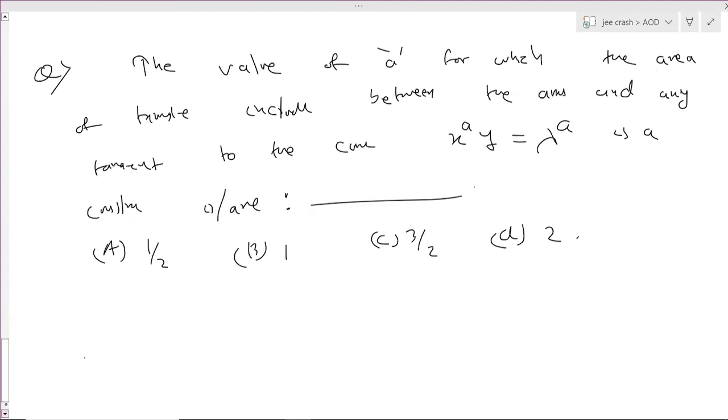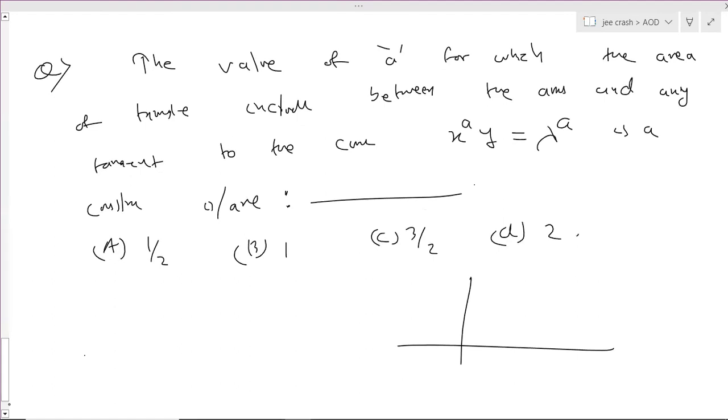What they're asking is, there is a curve. Suppose you draw any tangent on this, and this is a point x1, y1. They are saying this area must be constant, so you have to find the value of a. Yes, sir. Please try to solve it. I'll give you a few minutes. If you find the tangent, then you can find this coordinate, and find the area using half into base into height.